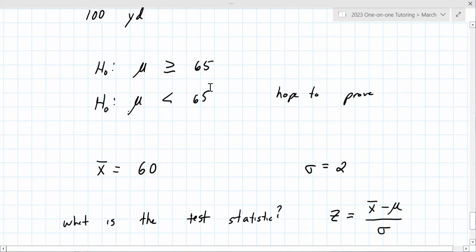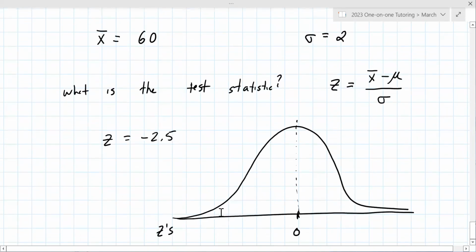The population mean is 65. I know it's your time, but just forget about that for a moment. And the sample mean is 60. Is the sample mean above or below the population? It's below. So below means it's going to be left. So specifically, we'll just say that's minus 2.5.